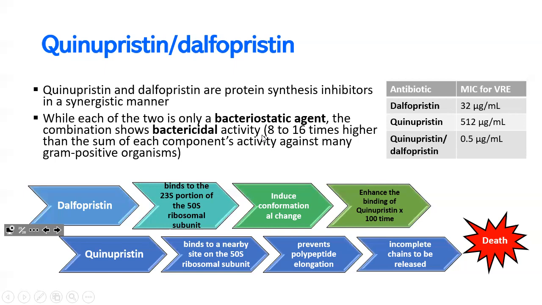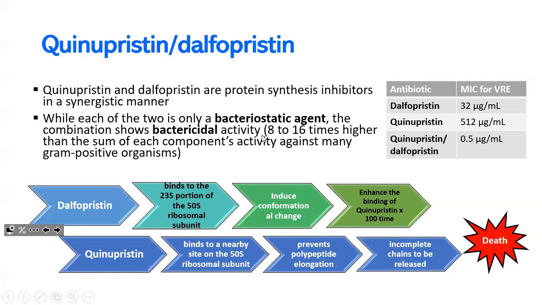So again, just to repeat for the sake of the recording, this combination represents well the synergistic activity of antibiotics. The MIC for dalfopristin is 32 microgram per ml. For quinupristin, it is around 500.